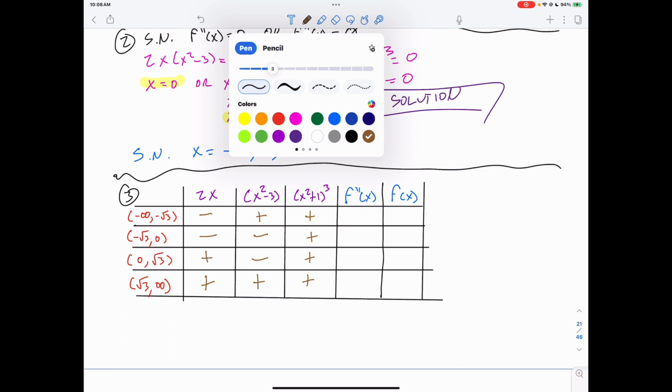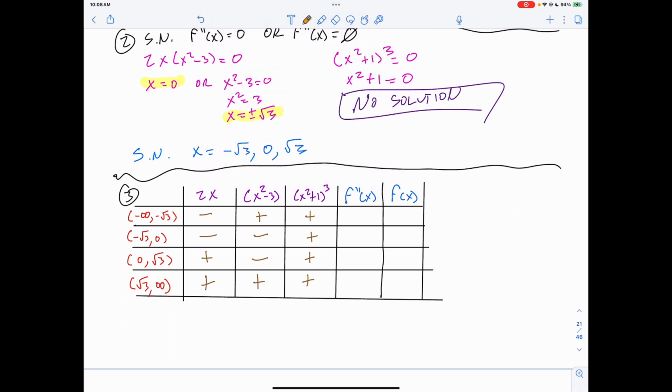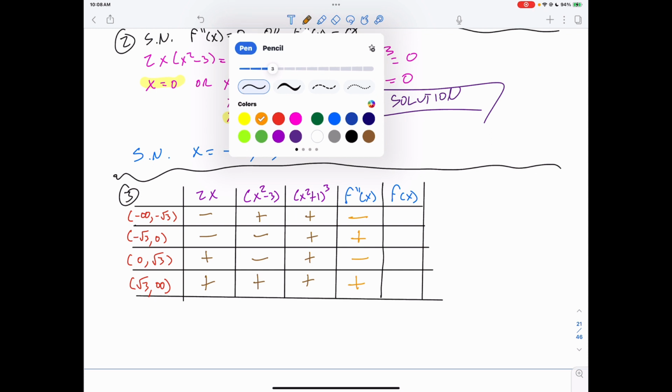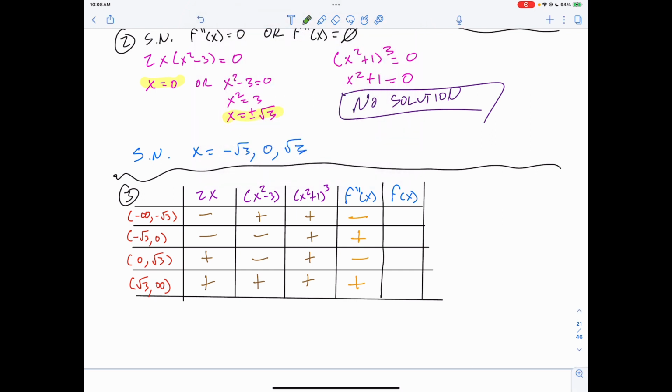For my second derivative, I'm going to have a negative, a positive, a negative, and a positive, which means that I have concave down to concave up to concave down to concave up.